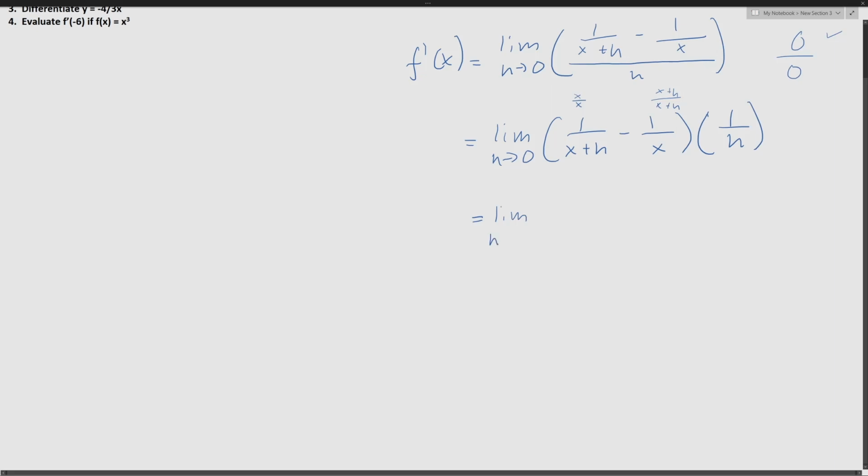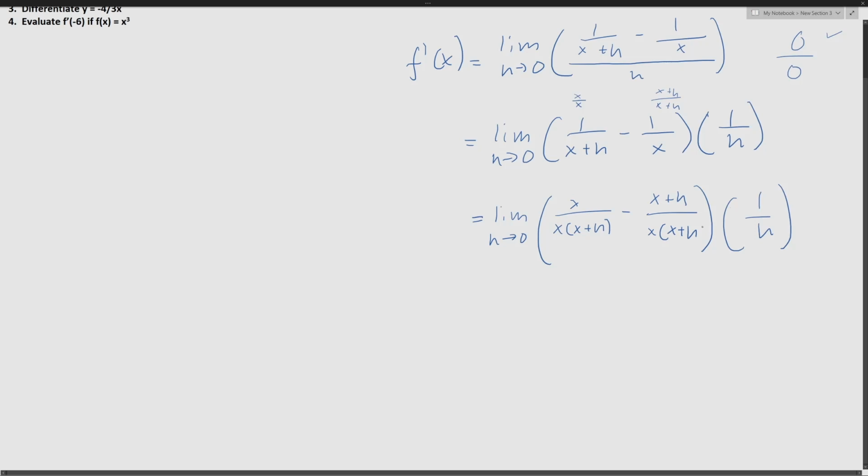So continue writing the limits. That's probably the most tedious part of this, and we get x over x times x plus h, minus x plus h over x plus h. And again, we still have the 1 over h on the other side.